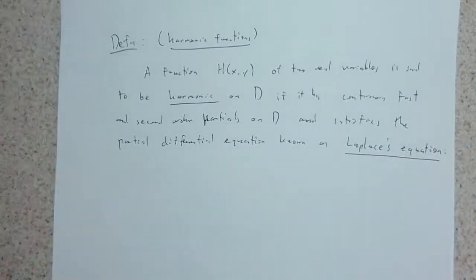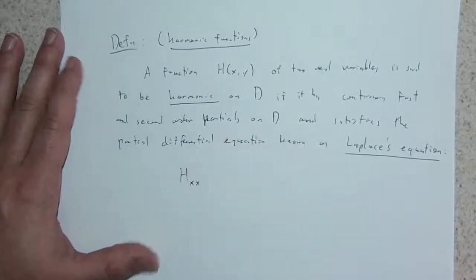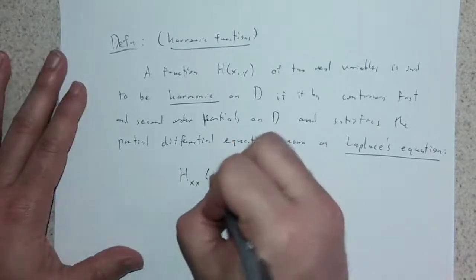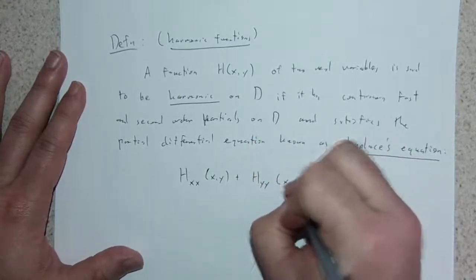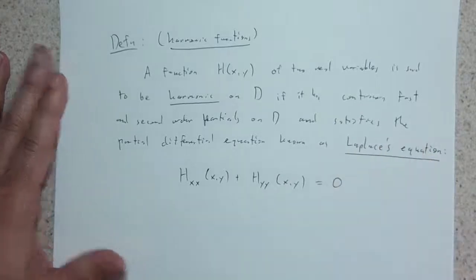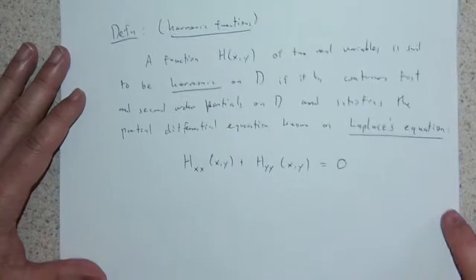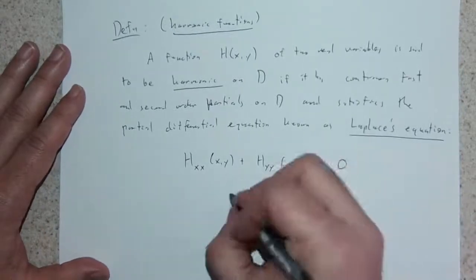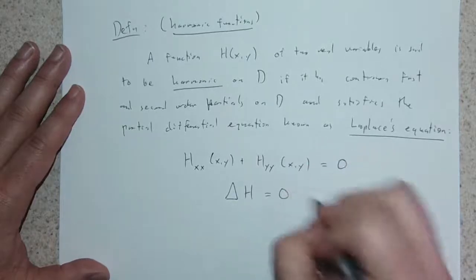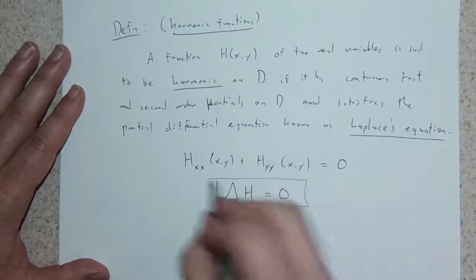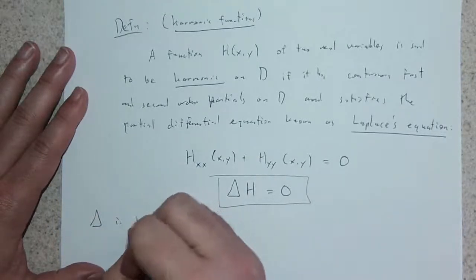What is Laplace's equation? It is that the double x partial of h plus the double y partial of h is equal to 0. Okay. We can rewrite this as delta of h is equal to 0, where this delta is the Laplacian operator.